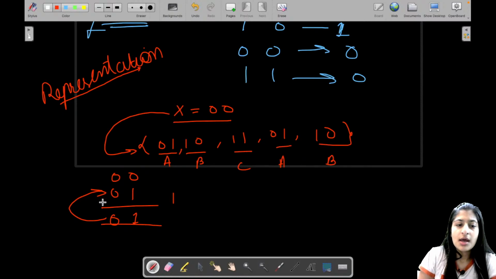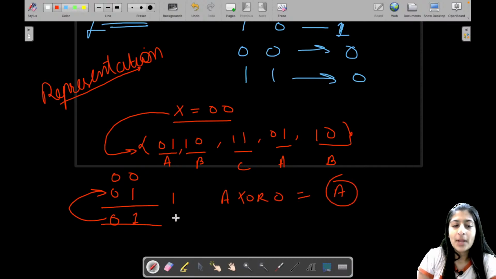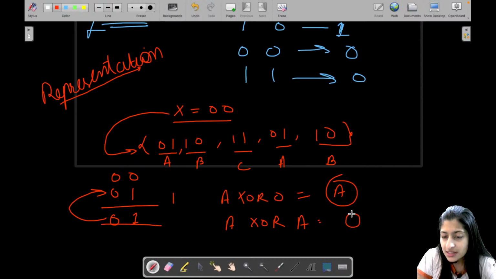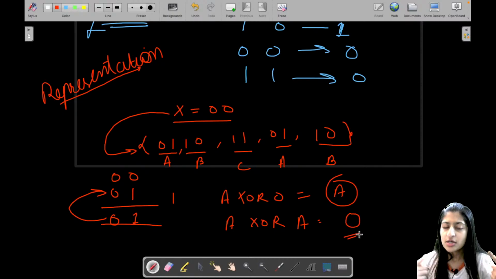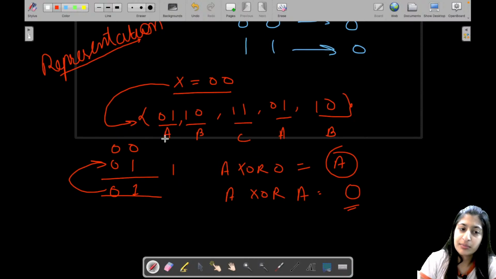Okay, so when I'm doing a XOR with 0, I am going to get a, right? If I do a's XOR with a only, that means same bits, my resultant will be 0, right? So keep repeating this process. If I keep repeating this process, what am I going to get?